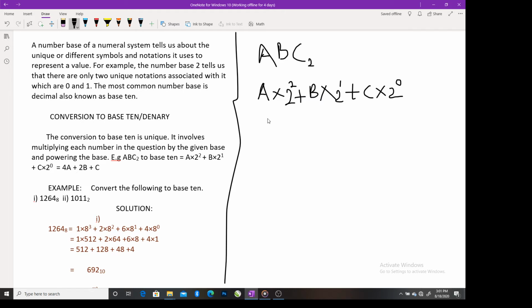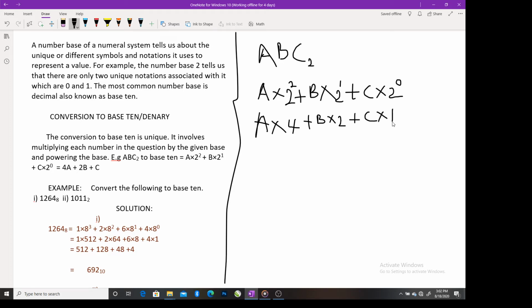So you have your A times 2 raised to power 2, that is 4, plus B times 2 raised to power 1, that is B times 2, then plus C times 2 raised to power 0. What is 2 raised to power 0? It is 1.